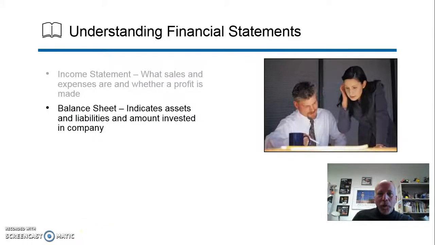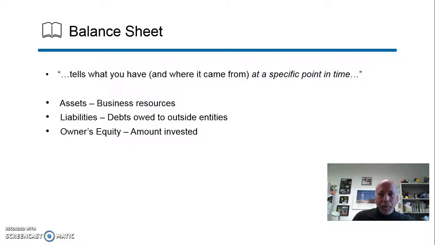We're going to move in this section to look at some of the other financial statements, starting with the balance sheet. What we just reviewed was what's called the income statement, which shows the sales and expenses of an organization and whether a profit is made. So the balance sheet indicates the assets and liabilities of a particular company.